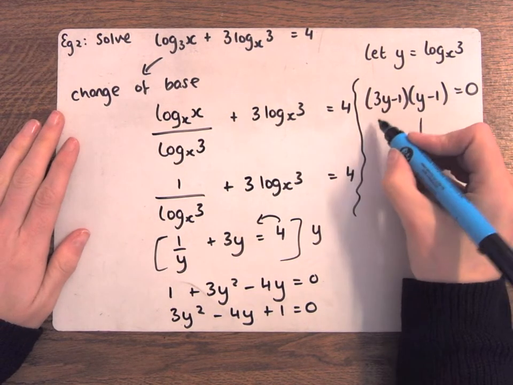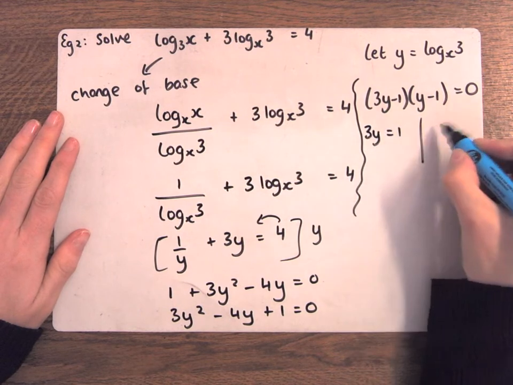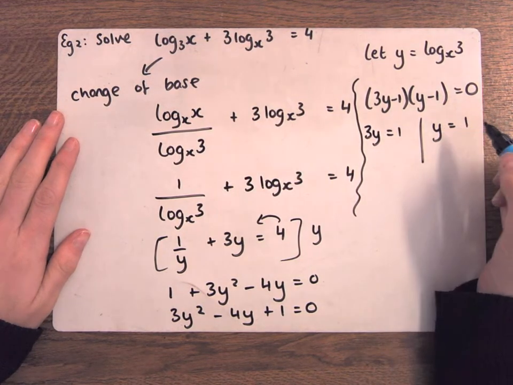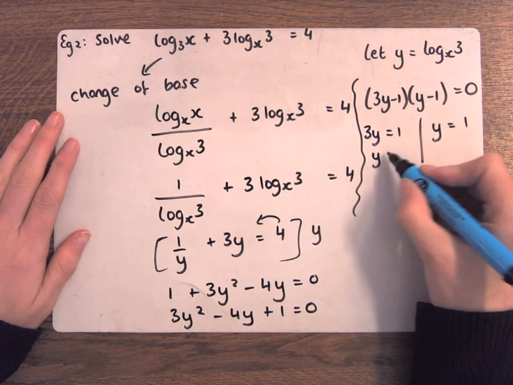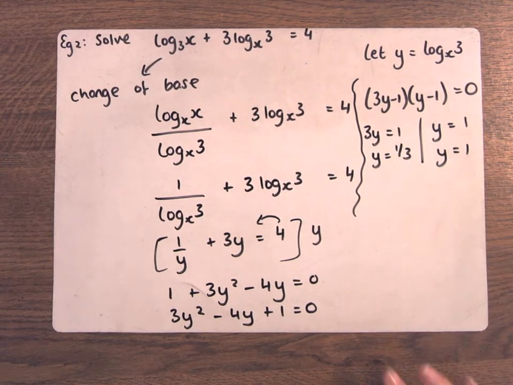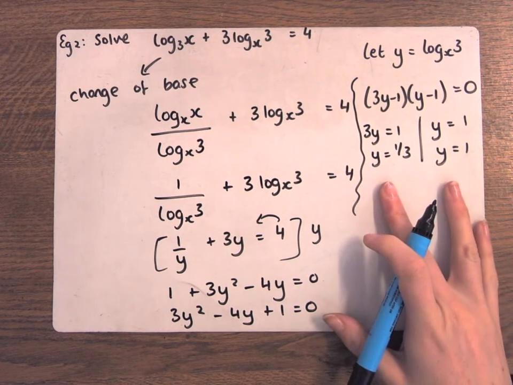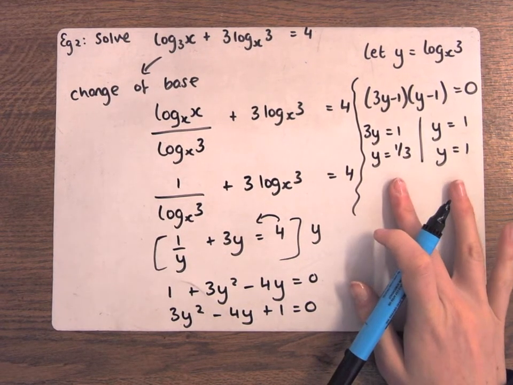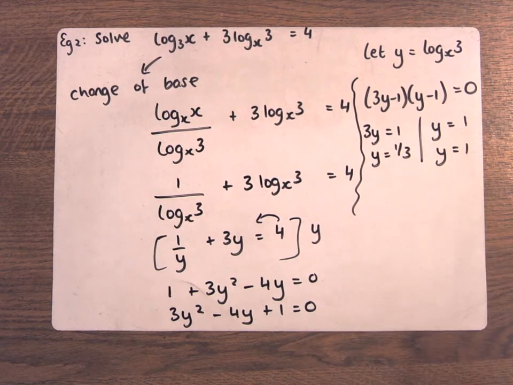So 3y is 1. So y is a third or y is 1. If you just throw it into your calculator, these will be your two answers. Now, they didn't ask me what y is. They want what x is. So go back here.